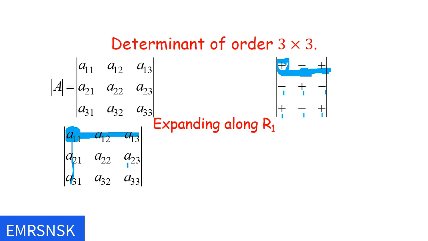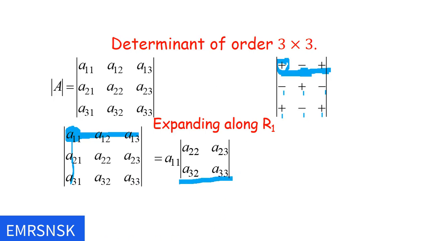So what are you left with? First write down this element A11 and remove this first row and first column. You are left with A22, A23, A32, A33. I have just written this.